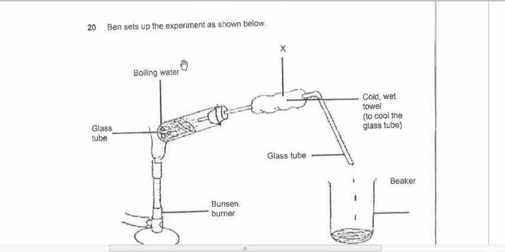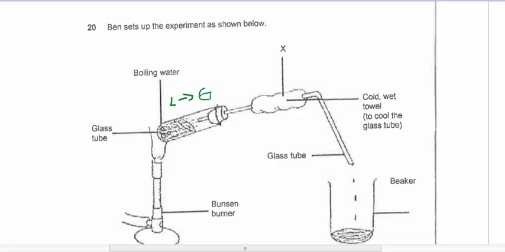So basically, we need to understand here, when it boils, we need to remember that boiling causes liquid to turn to gas. So boiling causes liquid to change to gas. Okay, so all this gas will start to float and go through the tube.